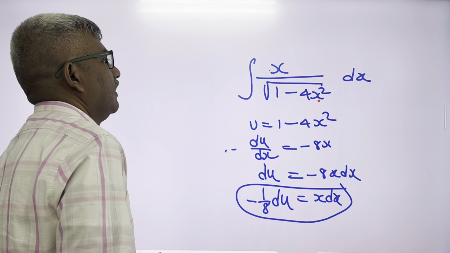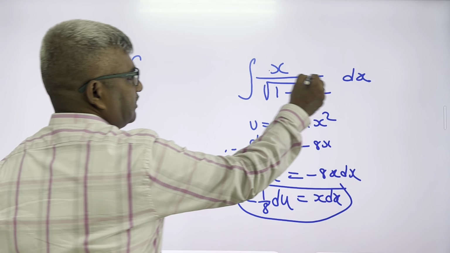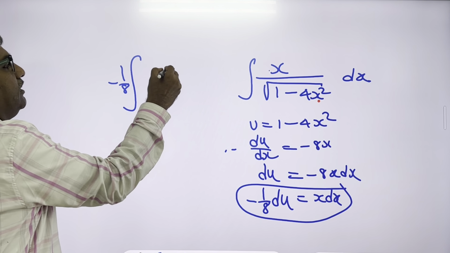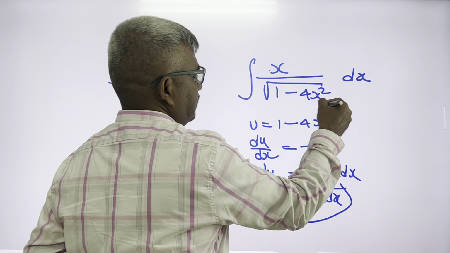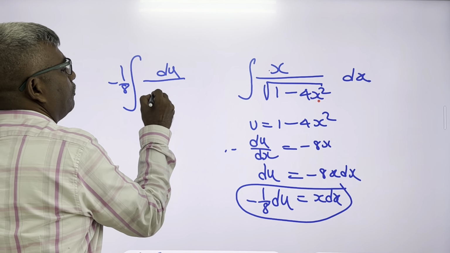Okay. Now I am integrating. x dx is minus 1 over 8 du. What is square root of 1 minus 4x squared? It is square root of u.